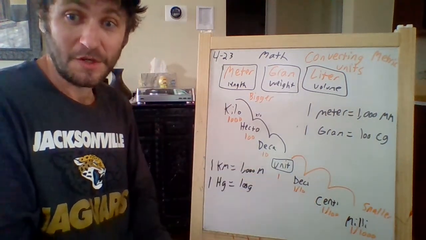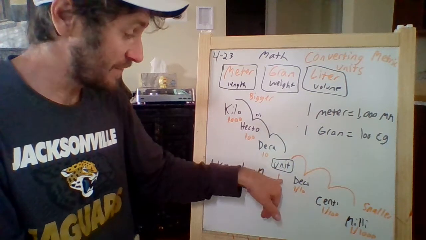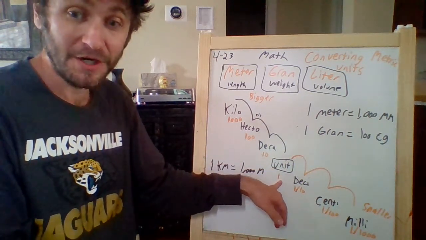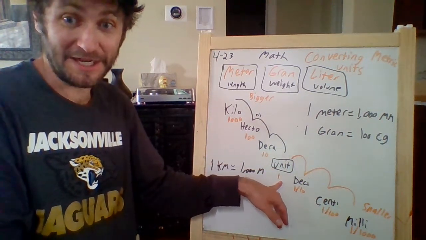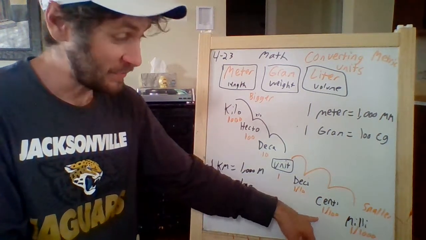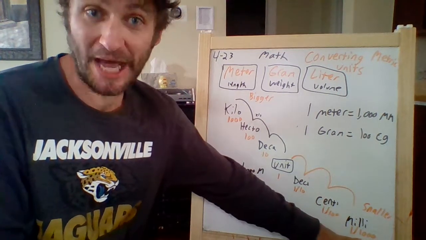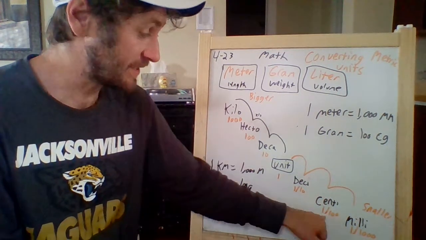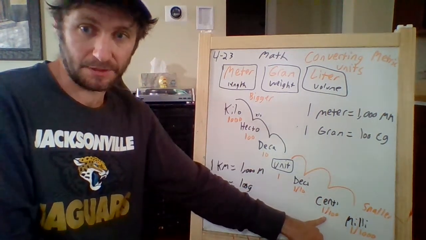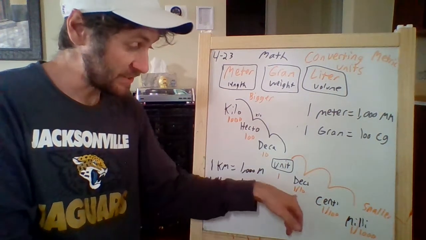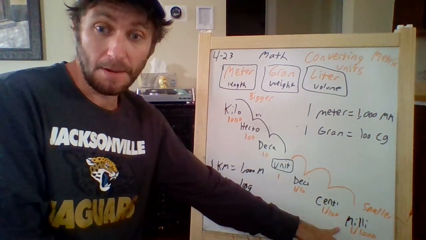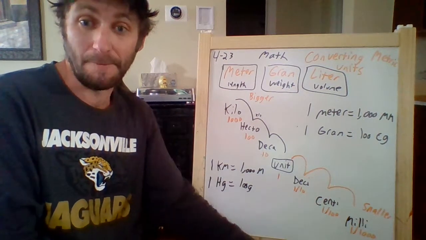These are smaller. So if we're coming this way, if I have 1 meter, is that number going to be bigger here? Yeah, think about it. 1 meter is 1,000 millimeters, or 1 meter is 100 centimeters. So we're going to go this way. Our units get smaller, but we're going to have a lot more of them, right?